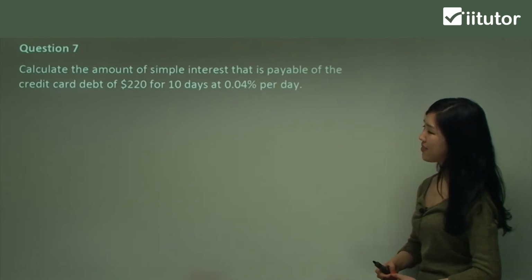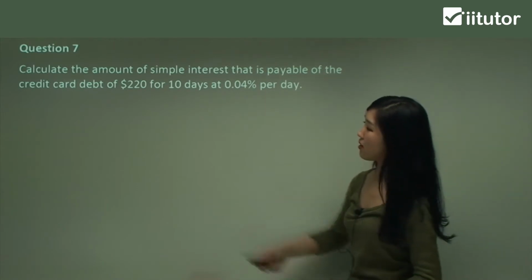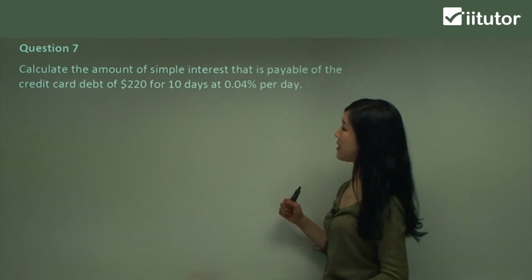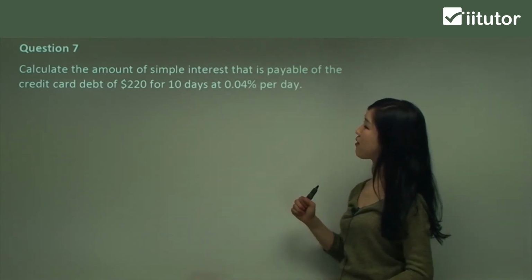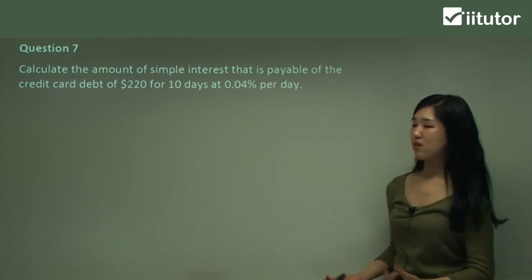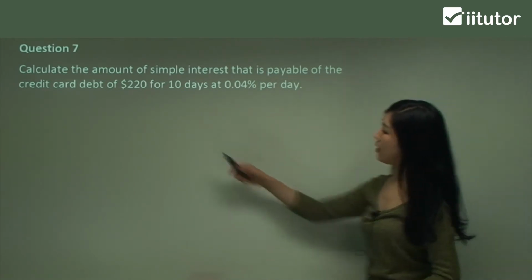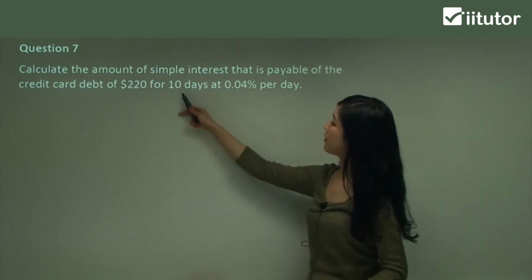Question 7, calculate the amount of simple interest that is payable on the credit card debt of $220 for 10 days at 0.04% per day. We're just going to use simple interest, as they say.